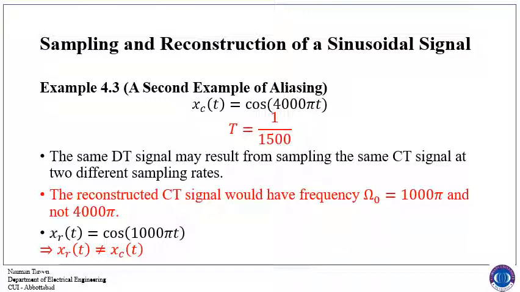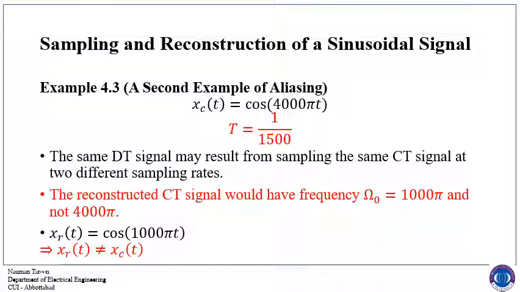So the takeaway from this example is that the same discrete time signal may result from sampling the same continuous time signal at two different sampling rates. So here we are obtaining the same discrete time signal, cos 2 pi by 3 n, by sampling the continuous time signal at two different rates.